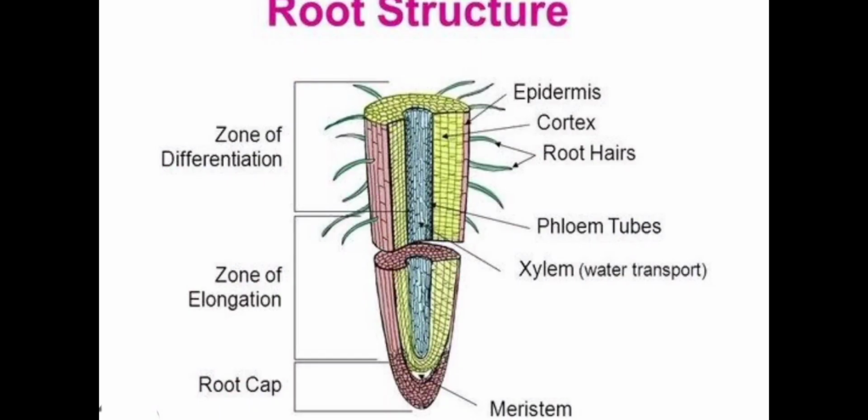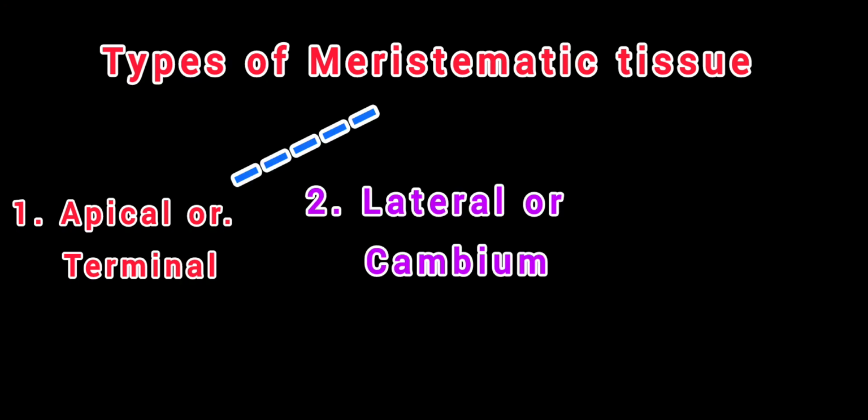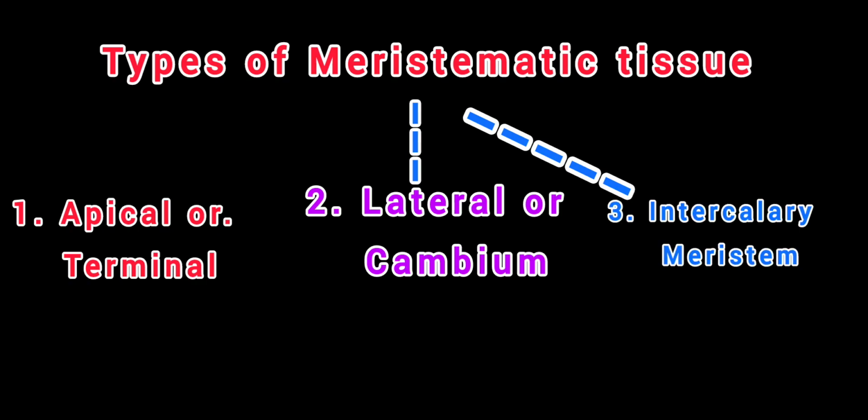This is situated below the bark and is responsible for the increase in the diameter of the stem. This lateral meristem of the cambium is present as a ring or a part of a ring. In some monocots, there is the third type of meristematic tissue called the intercalary meristem.